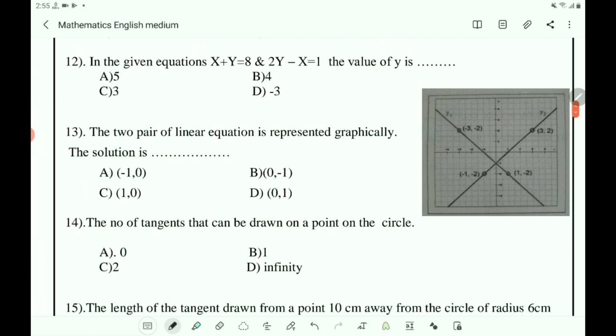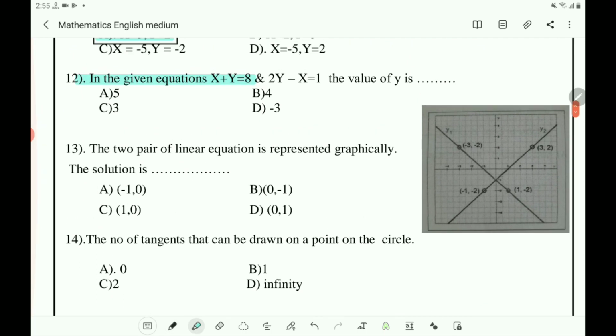Next, you take question number 12. In the given equations x plus y equals 8, 2y minus x equals 1, the value of y is. Here x plus y equals 8, 2y minus x equals 1. Then what is asked here? The value of y is asked.